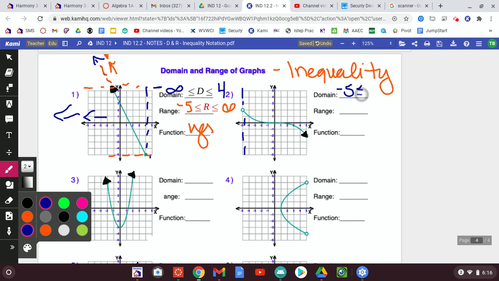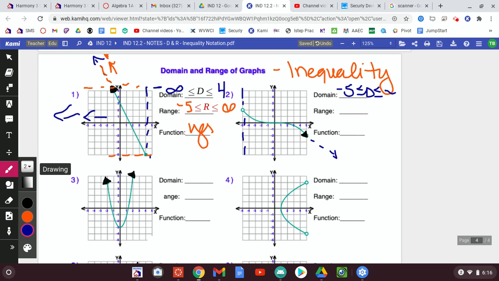And then this will already be on your homework, so you don't have to worry about that. And then on my right, think about what the arrow means. It's going to keep going positive infinity forever. I'm running out of room here, and it's not going to let me write it because I'm right on the edge.